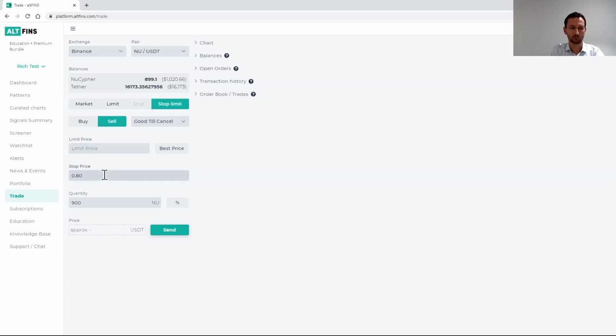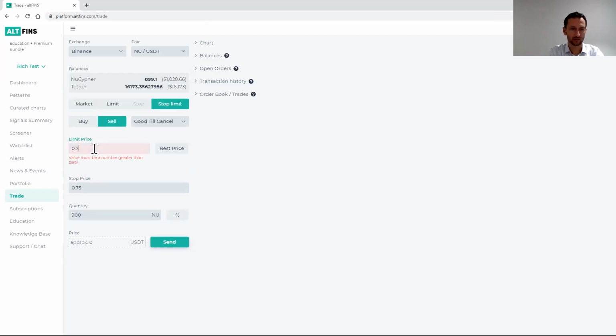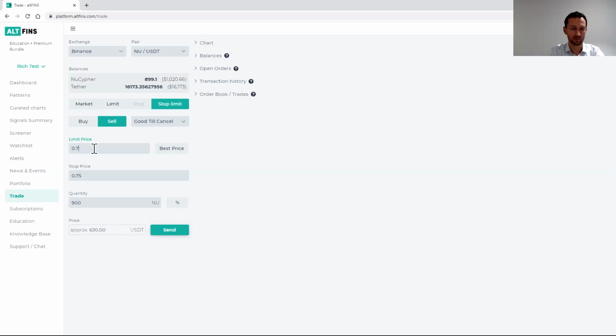So if it gets to, let's say, 75 cents, then I want to sell it at a minimum of 70 cents. And I want to sell the whole position, which is not quite 900 anymore because of the fees. So 899 units I want to sell if this trade goes against me.